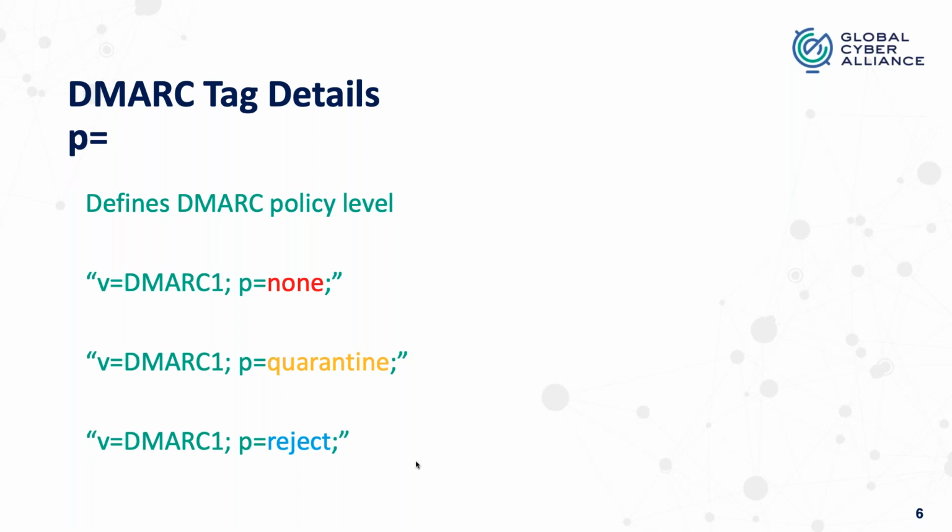So this is why it's important to know which subdomains you have and if any of those subdomains are being used for email, because the p tag has an impact on it, right? Because if you put your policy level at quarantine, then you're potentially putting those subdomain emails into someone's quarantine folder or spam folder.